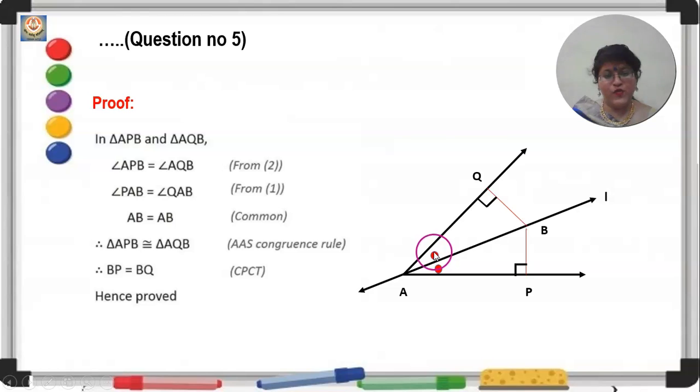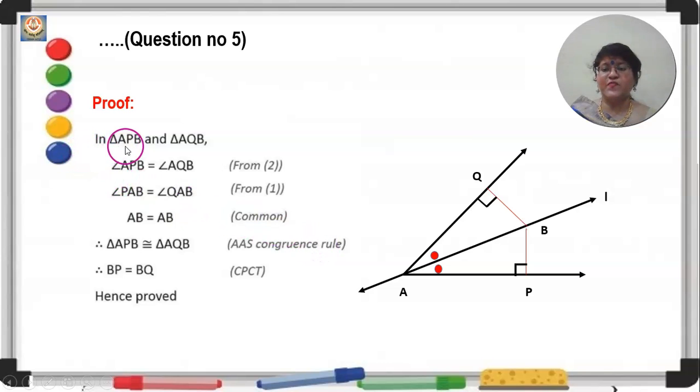This angle in red and this angle in red, they are congruent to each other because it is already given that L is the bisector of angle A. Then you notice that this AB is a common side for both the triangles. So you have angle, angle, side. So that is the test of congruency, angle, angle, side.